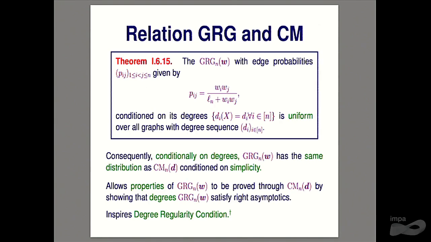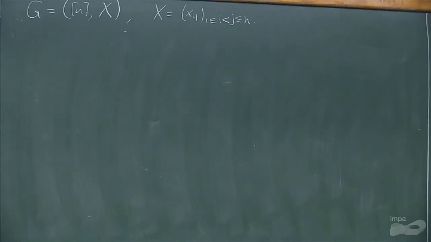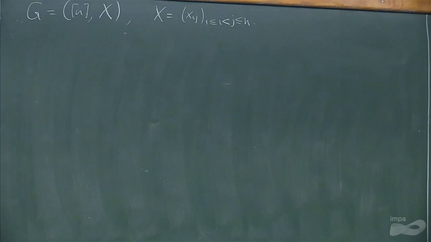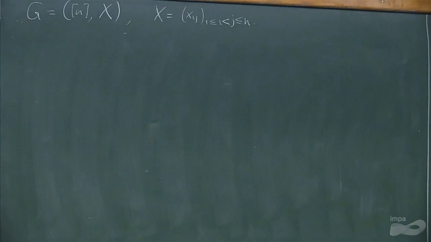What I would like to show is that conditionally on the degrees being all fixed to some predefined sequence, the graph that I get is uniform amongst all graphs with that degree sequence. So I'm just going to look at the probability of observing a certain x. And bear in mind, these X's are Bernoulli variables. They're all independent. But now, of course, I'm conditioning on the degrees.